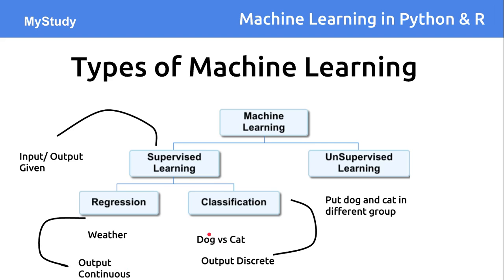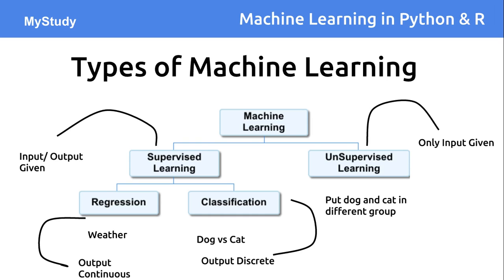So this is the story of supervised learning and how it is different from unsupervised learning. In unsupervised learning, we have not been given any kind of output. We don't know whether a particular image is a cat or a dog. We have just been given a bunch of images and our task is to group them into different clusters.